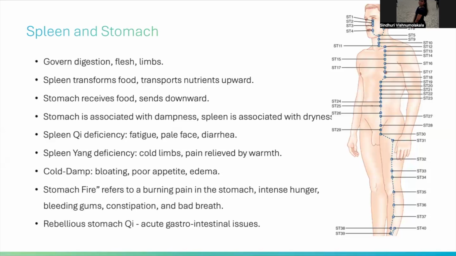The spleen deficiency often presents as discomfort or a feeling of fullness in that area. Because it transports nutrients or qi upwards, weakness in the spleen qi leads to diarrhea.